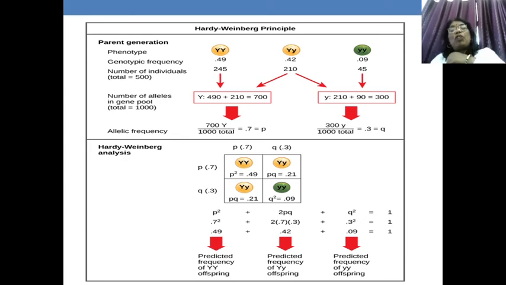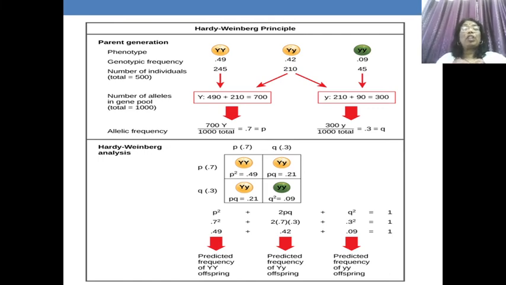Capital Y small y means 0.7 and 0.3, and the same for small y capital Y. And small y small y means only Q square, 0.09. Such type of allele production takes place in the next generation.